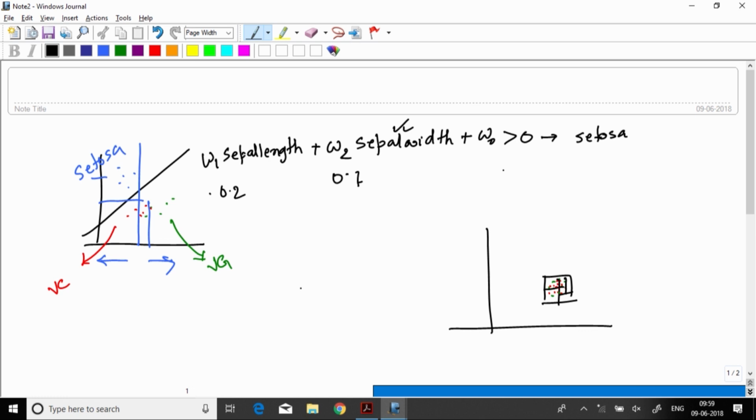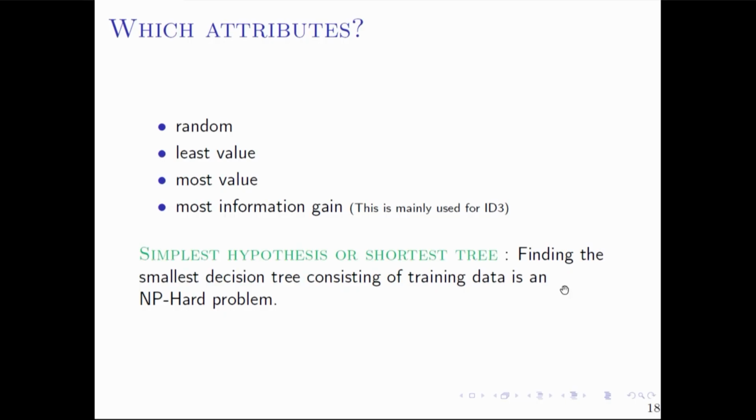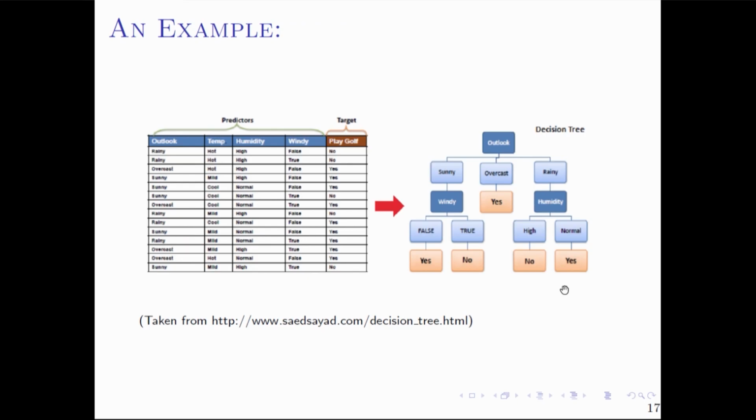Now it comes to the question of how we decide which break is a good break and which is not. How can we break on the attributes? Here we'll take one example. We are given 4 predictors, 4 features: one is outlook, another is temperature, another is humidity, and the last is windy.